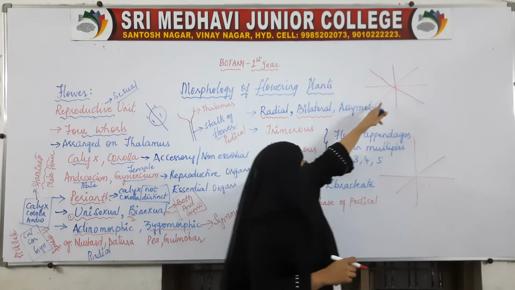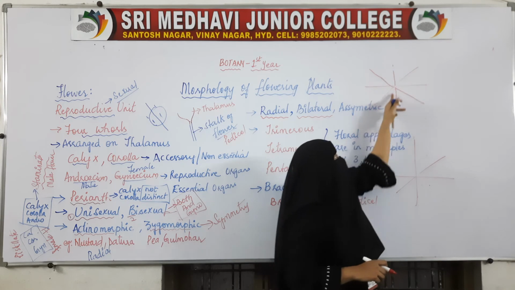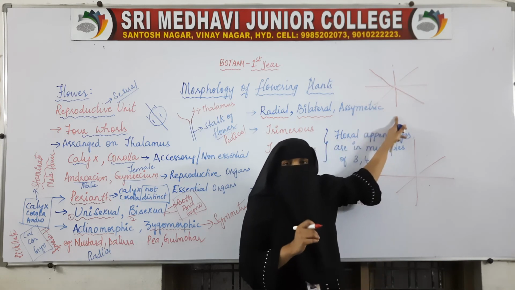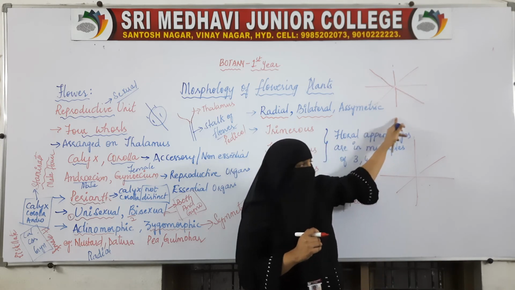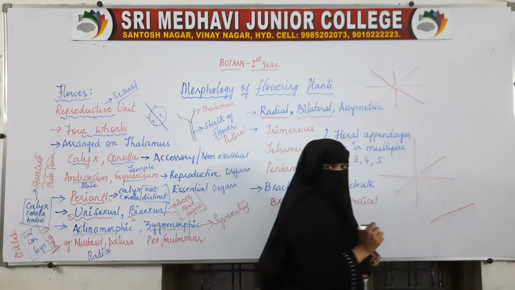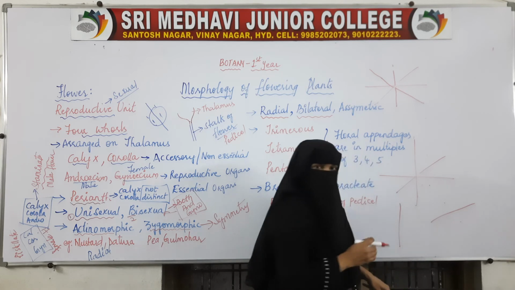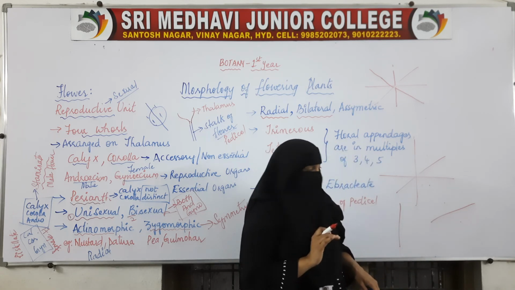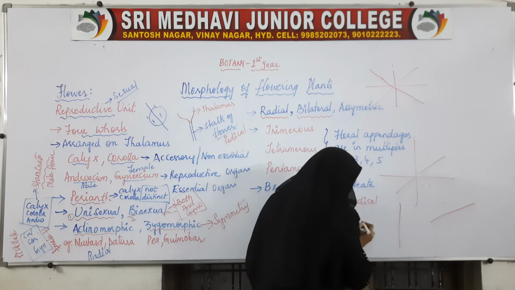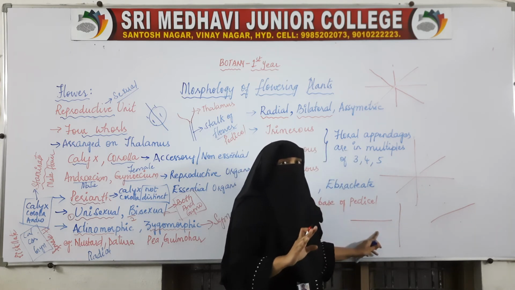Here, if you cut it from here, it divides into two equal halves, but only in this plane. If you cut the flower horizontally, it won't divide into two equal parts.